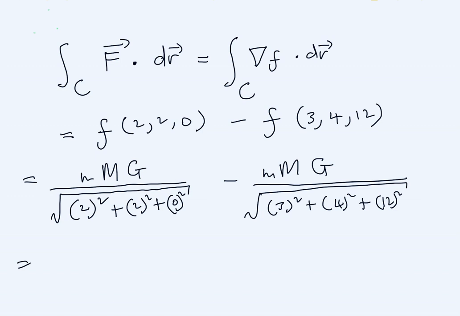We can factor out m multiplied by M multiplied by G because it's common.